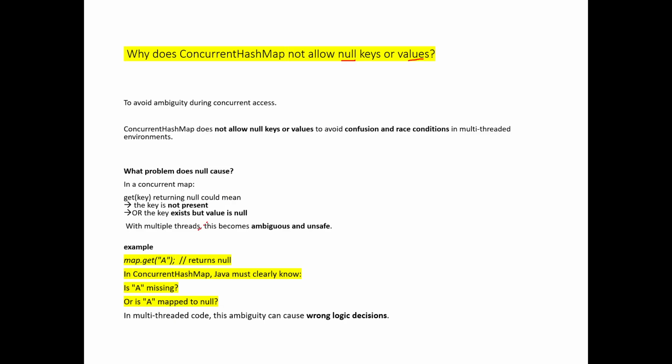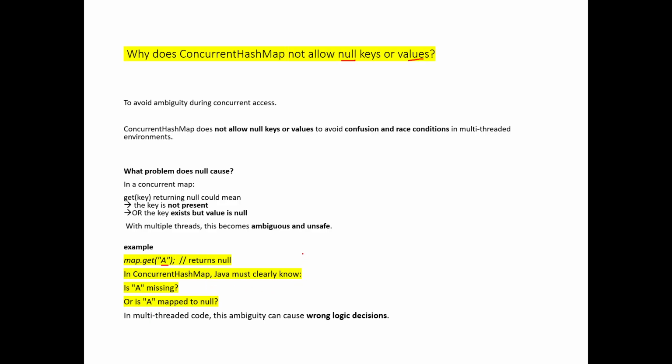You see, if a is a key and we define the value as null, then whenever we call map.get(a), it returns null. So how will we confirm whether a itself is not there in the map, so the key is not there and that's why it is returning null, or the value itself is null? So this ambiguity will happen.